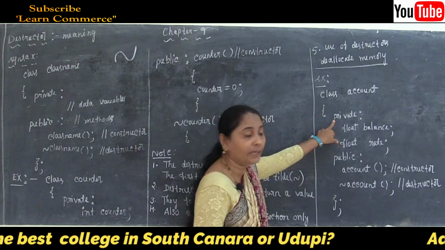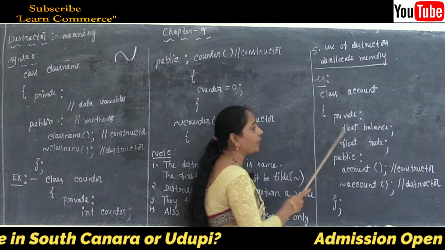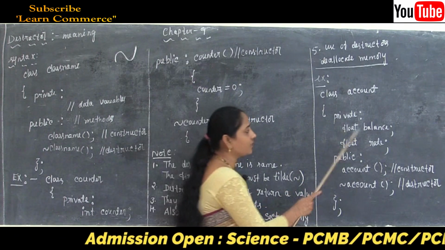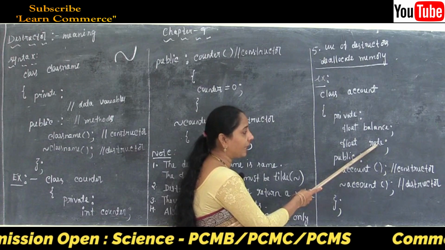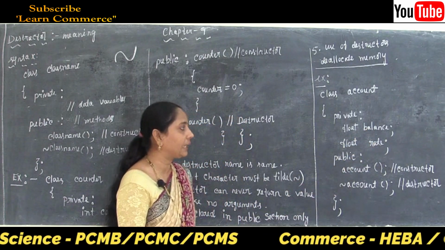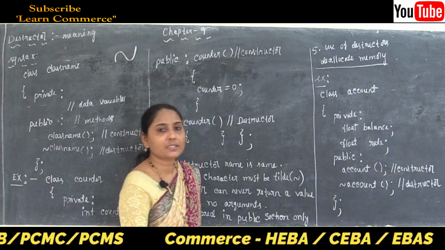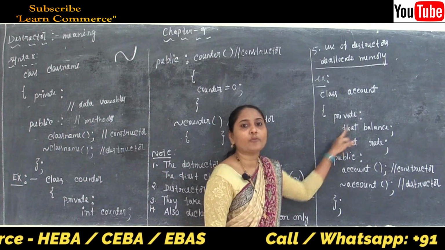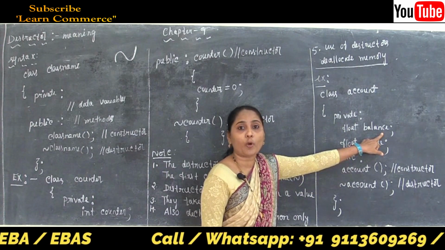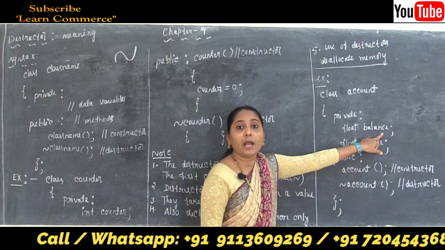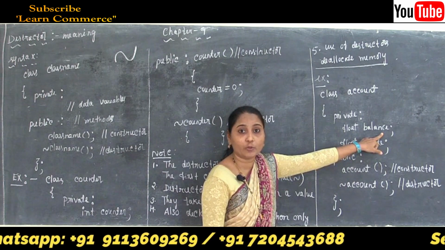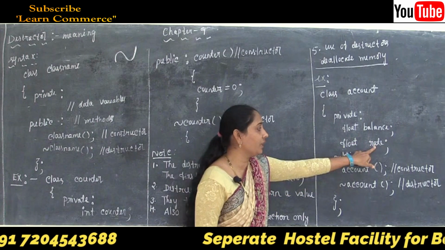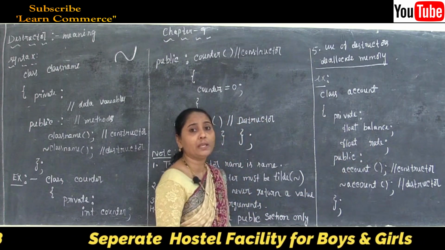In our private access specifier I am going to declare some member data: one is balance, the second is rate, and both balance and rate are declared using the float data type. That means when we use the float data type for the balance, we can give values like 100.01 or 100.70, and also for the rate, because the data type is float.